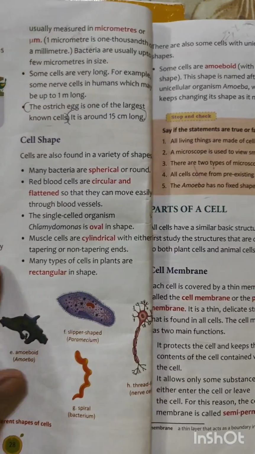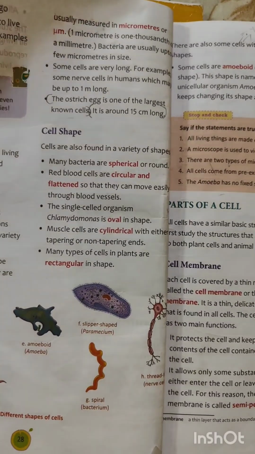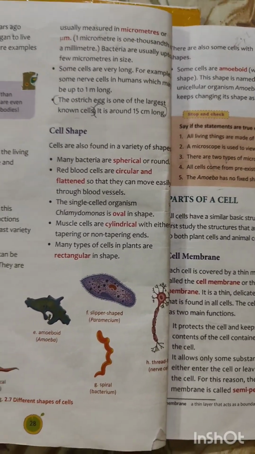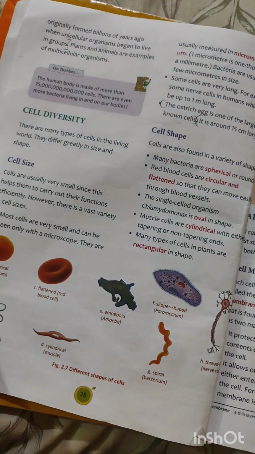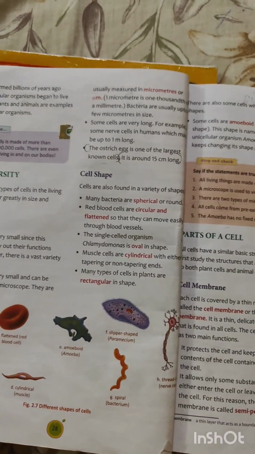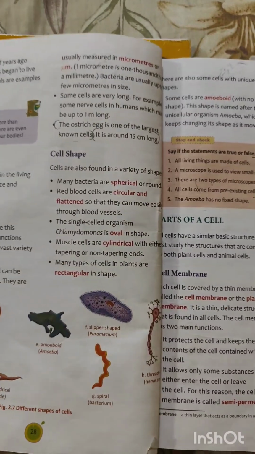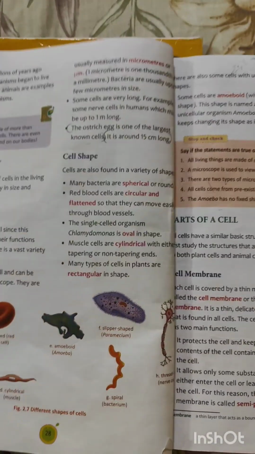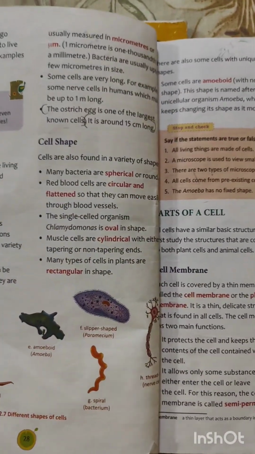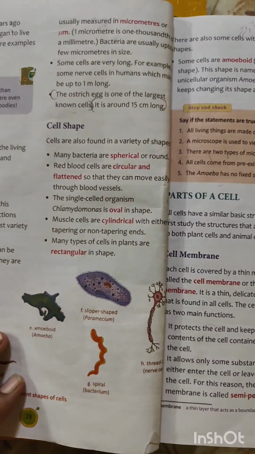So many types of cells in plants are rectangular in shape. So these are few shapes. Different body parts, different organs require different types of cells, different shapes of cells. So these are few shapes and sizes of cells.